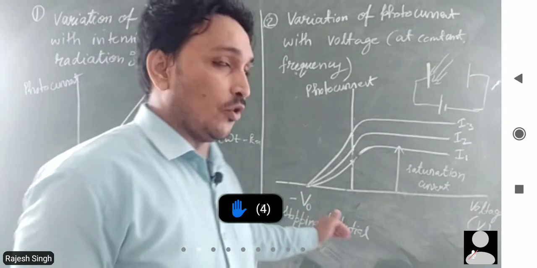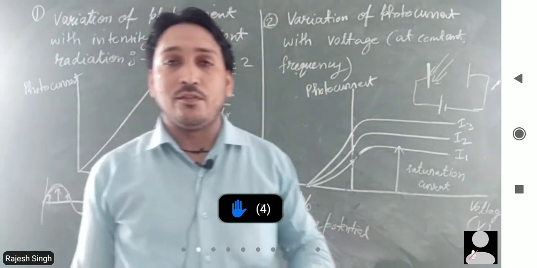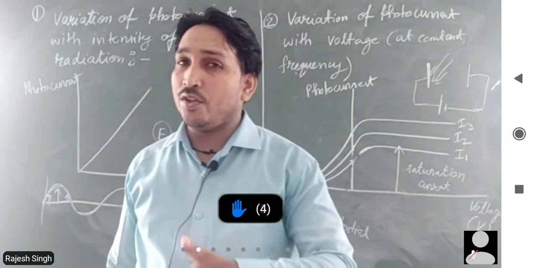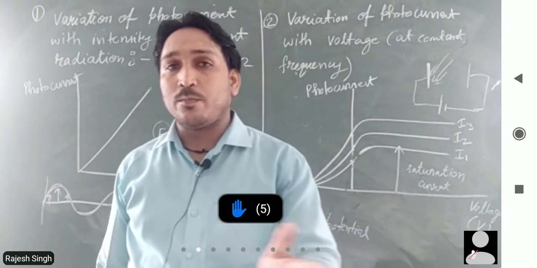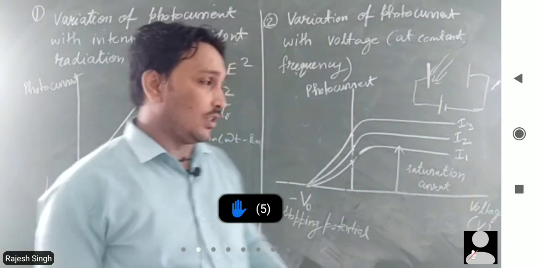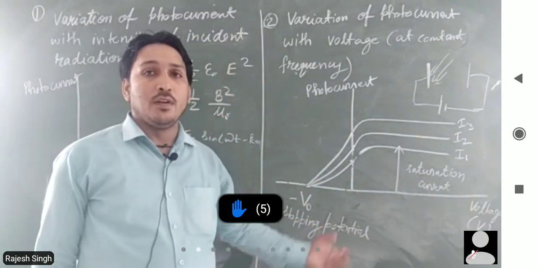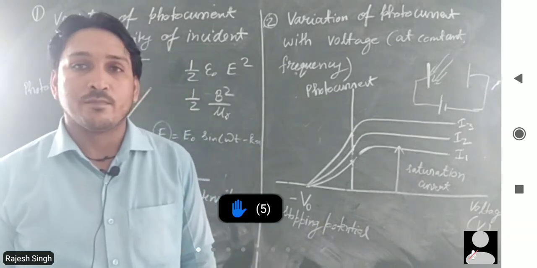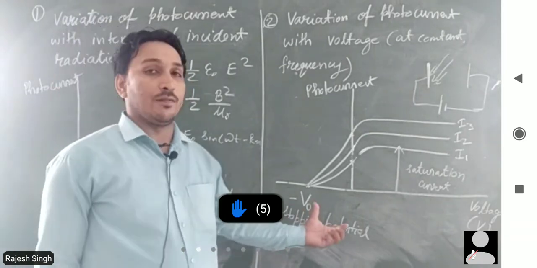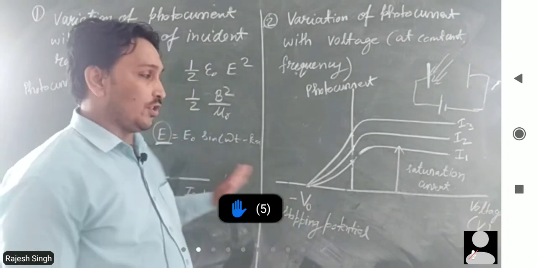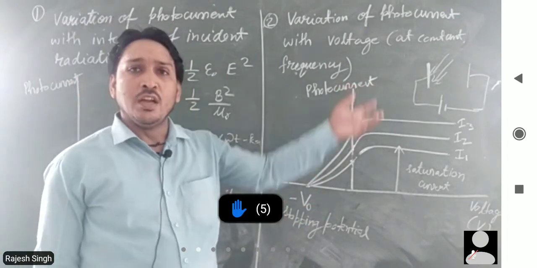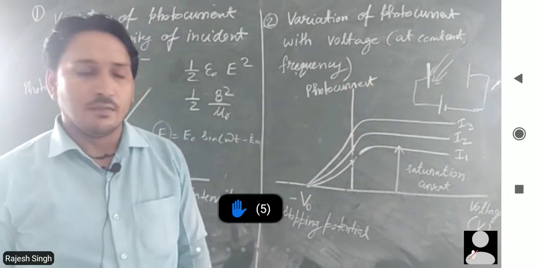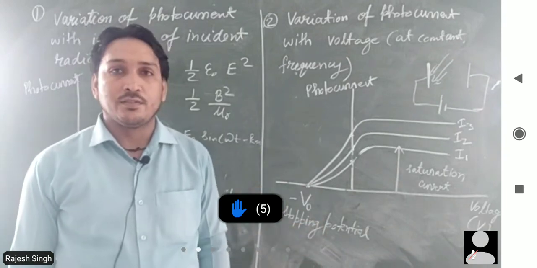It is beyond the scope of wave theory, because according to wave theory, stopping potential should increase with increasing intensity, but it is not increasing. We have done it practically, we have checked it.